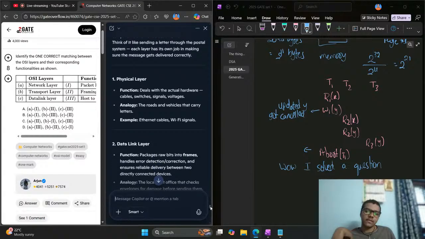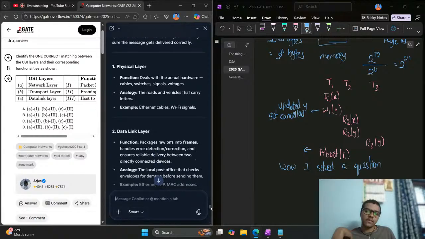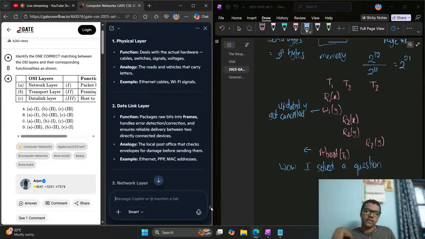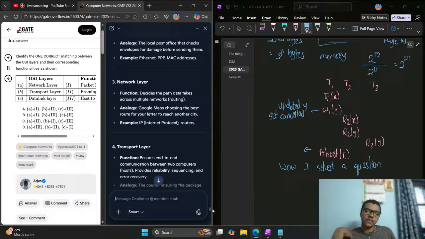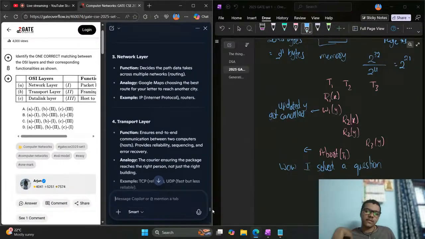Data link layer packages bits into frames, does error detection and correction, and ensures reliable delivery between two directly connected devices. Network layer decides the path, routing. Transport layer, end-to-end communication.